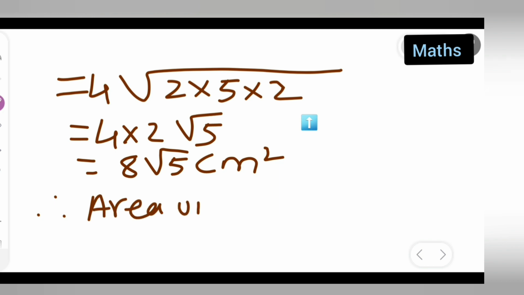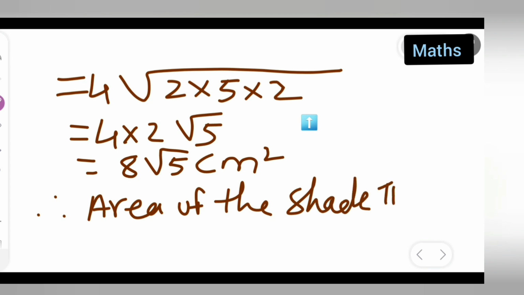Therefore lastly we need to find the area of shade 3. Which shade is it? Triangle DEF. This is something which we need to find. So basically that was equal to 8 into root 5 centimeter square. Now what is your root 5?